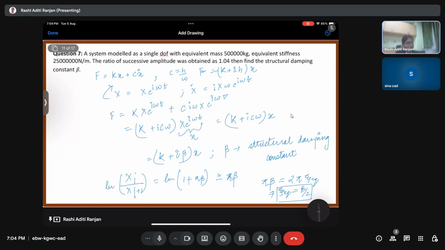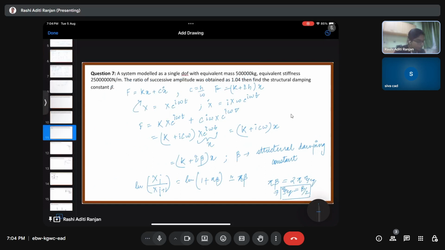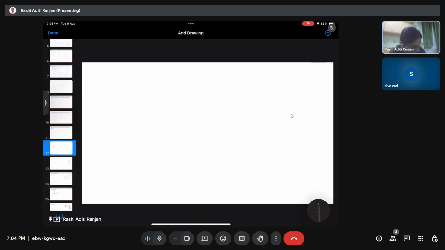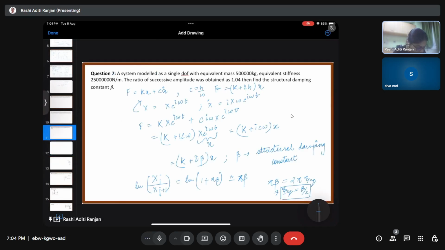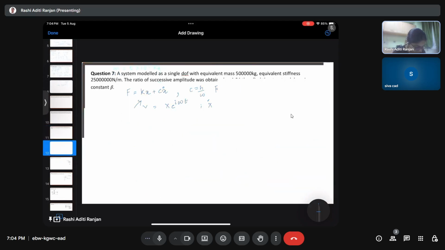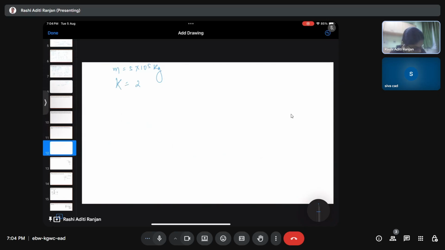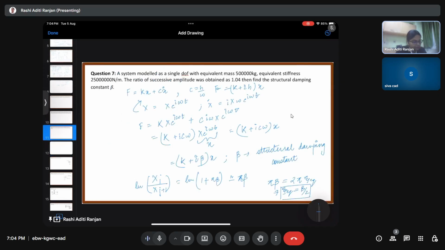Okay, now for this question we have the values given as mass as this, then we have stiffness as this in Newton per meter, then we have the ratio of successive amplitude which is obtained as 1.04.